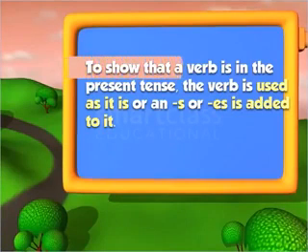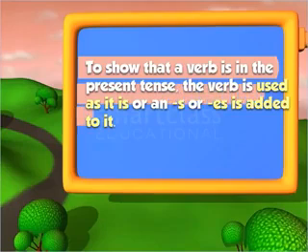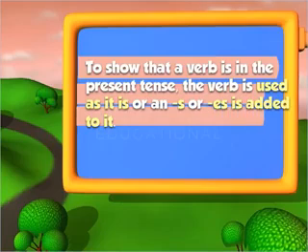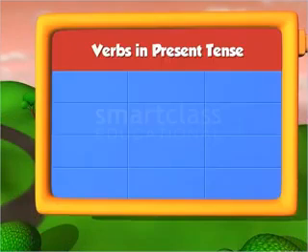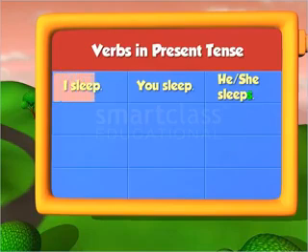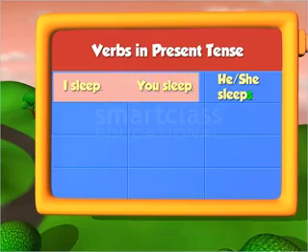To show that a verb is in the present tense, the verb is used as it is, or an s or es is added to it. Here is the table showing some examples. I sleep. You sleep. He or she sleeps.